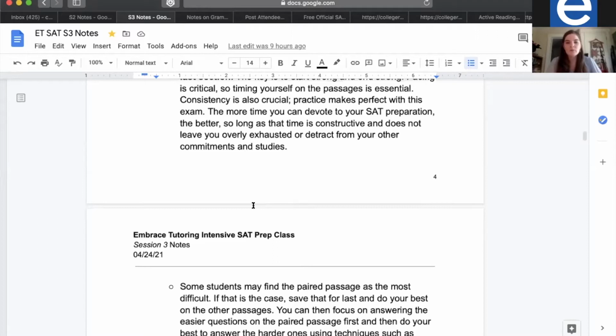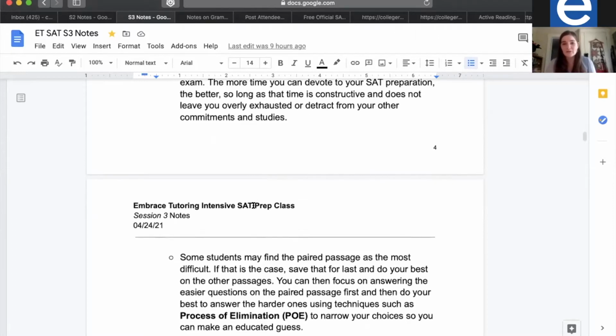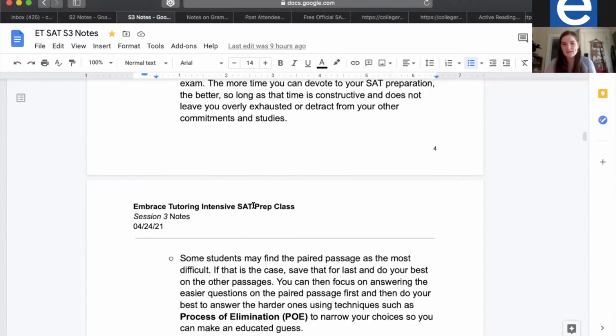Honestly, the more time you devote to SAT prep, the better, so long as that time is constructive. If you're just plugging away at things and not correcting your mistakes, not doing the reading to figure out why you're making mistakes or where you're making them, or being proactive with your study, then you're not going to do well.